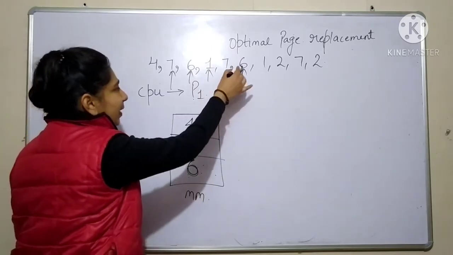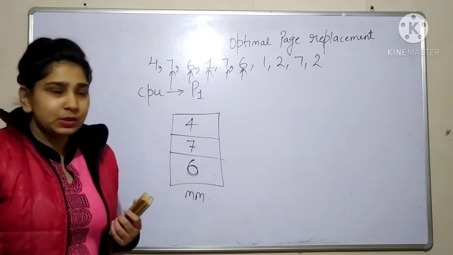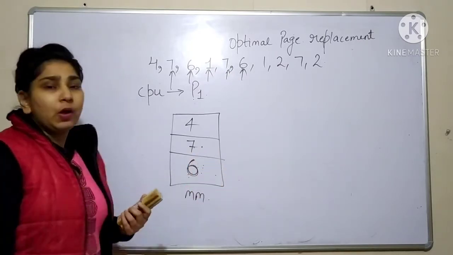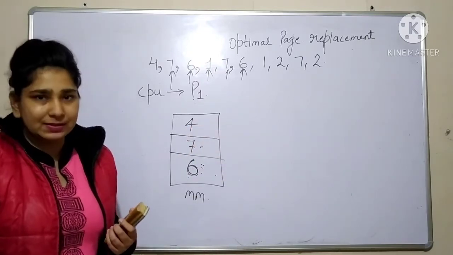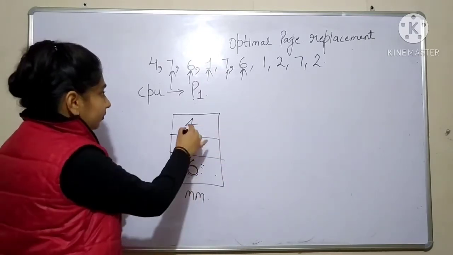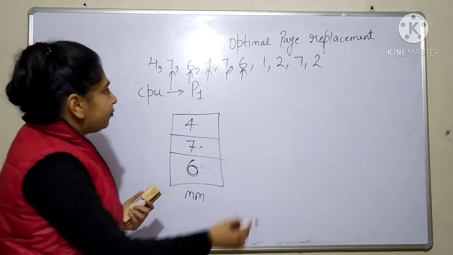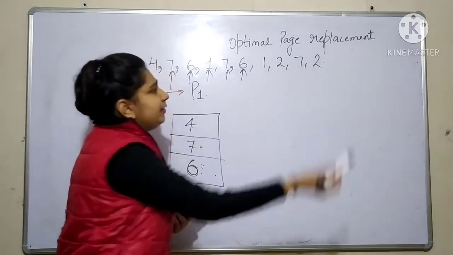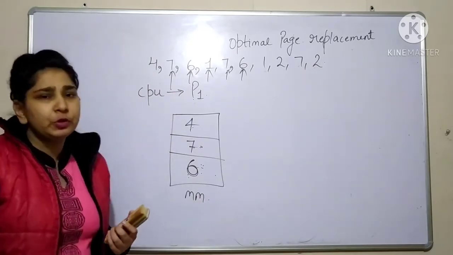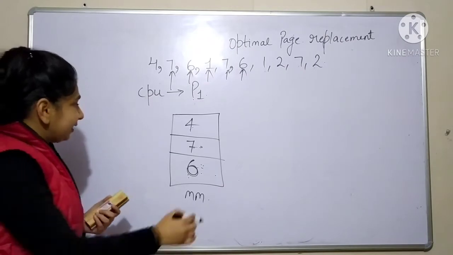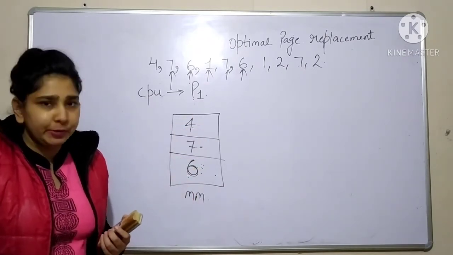So these 2 pages are required in the future, and I am not going to swap out either of them. If you look at the 4th page, it is not required in the future. We don't need this 4th page in the future. This 4th page has already been executed by the CPU.